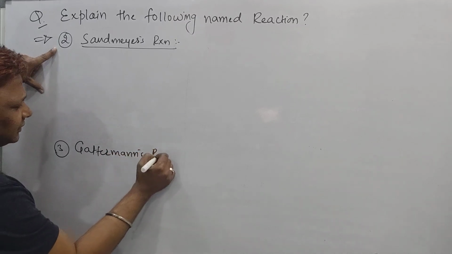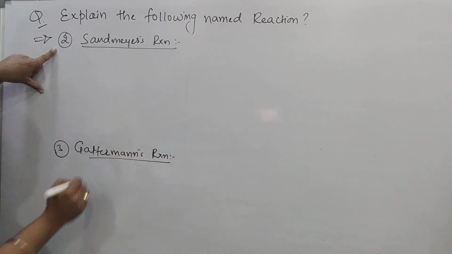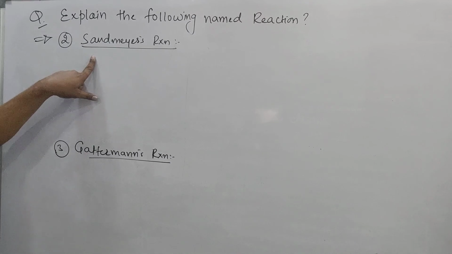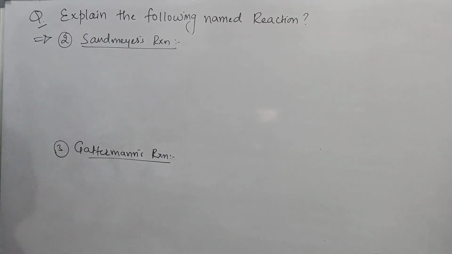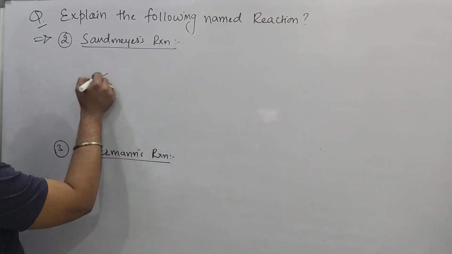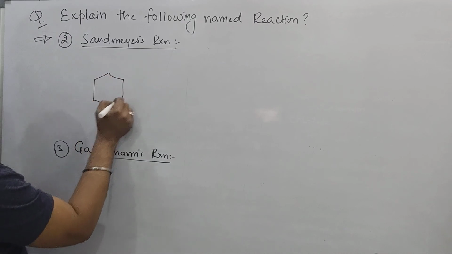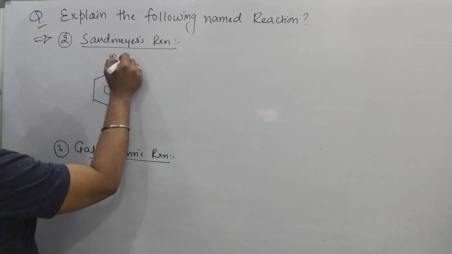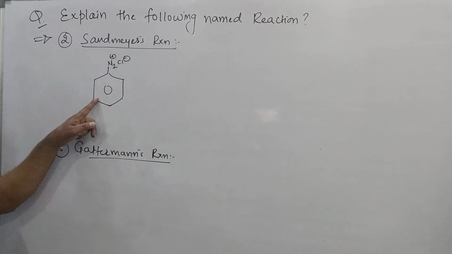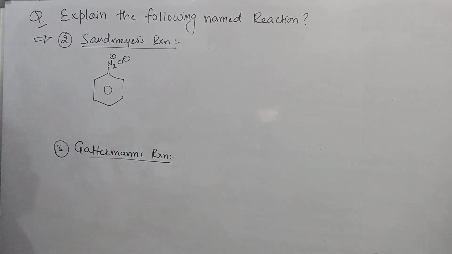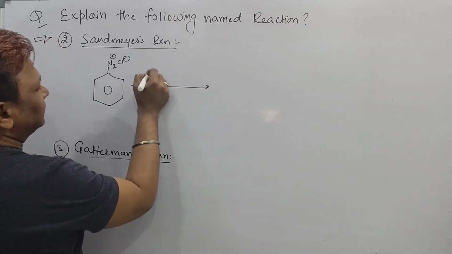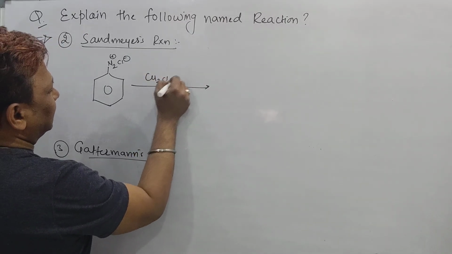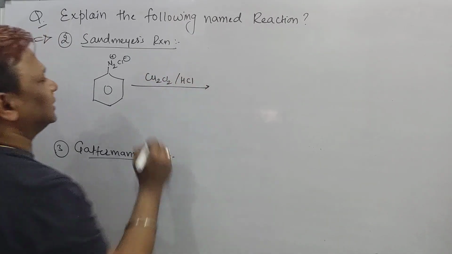What is the difference between these two? In Sandmeyer reactions we use benzene diazonium chloride, a benzene ring bearing N2 positive Cl negative, treated with Cu2Cl2 in the presence of HCl.